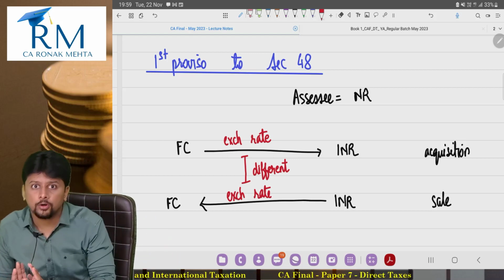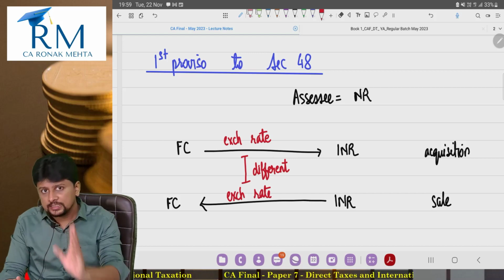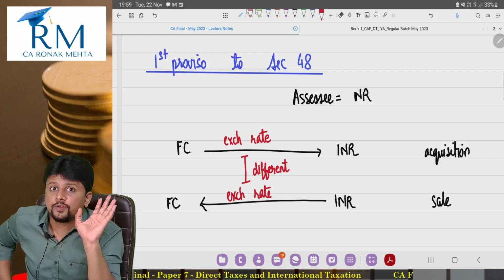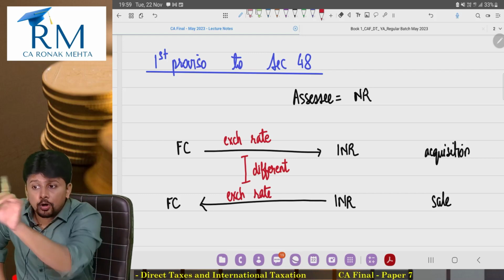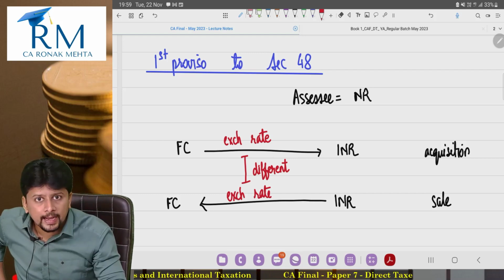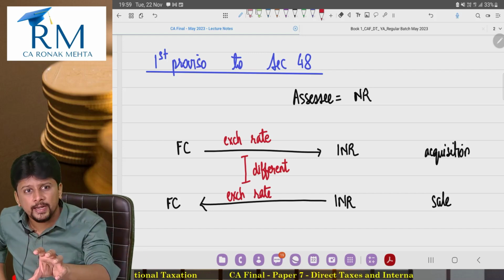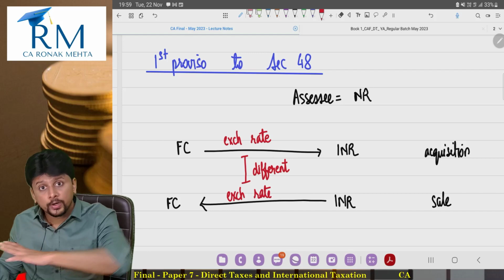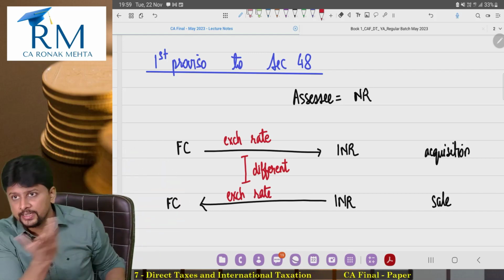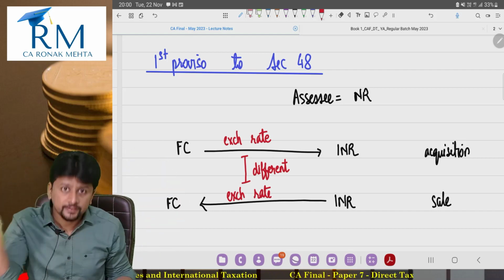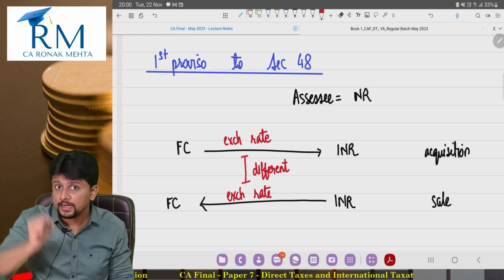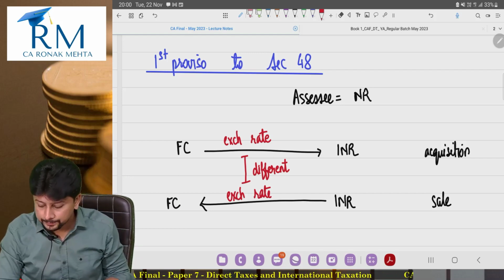Suffer would be a wrong word, but this non-resident is going to be impacted by the foreign currency fluctuations. He brought the foreign currency into India when the exchange rate was, let's say, 62. When he took it back to his country at the time of sale, the exchange rate from 62 could have become 72, or 62 could have become 52. So he is suffering from foreign currency fluctuations.